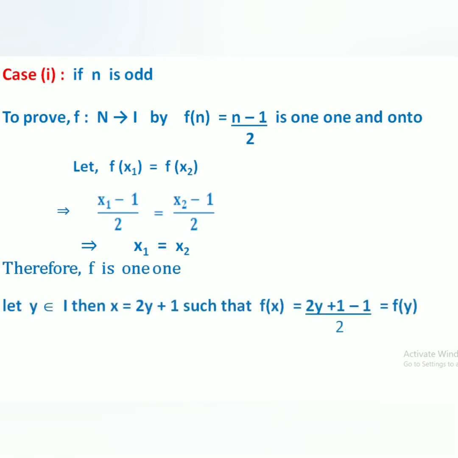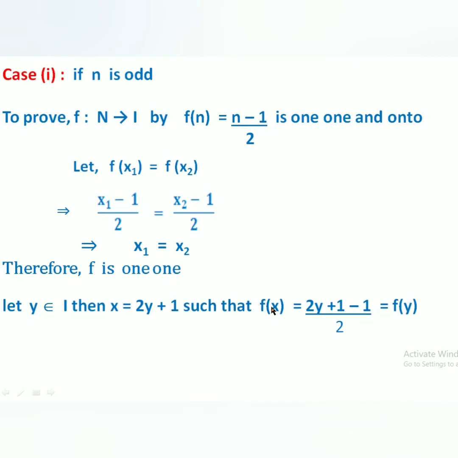Similarly, to show that this mapping is onto, consider y belonging to the integers. Then there exists another number x equal to 2y plus 1 such that f of x is written as f of 2y plus 1. Then n is replaced by 2y plus 1, that is (2y plus 1 minus 1) divided by 2, minus 1 and plus 1 cancel, 2y divided by 2, the 2 cancels, and we are left with y.